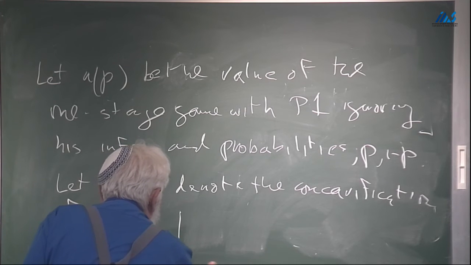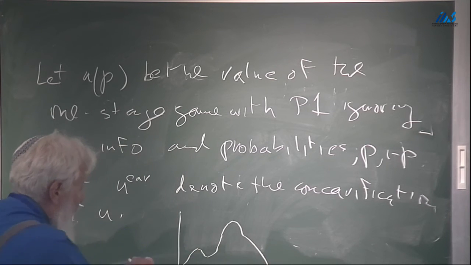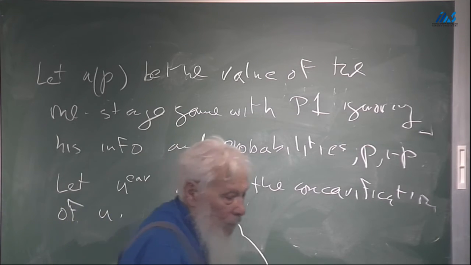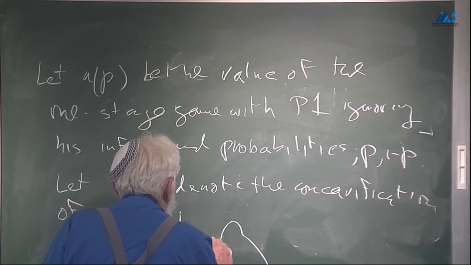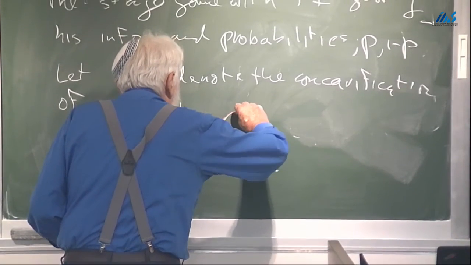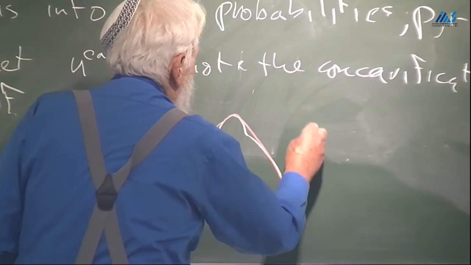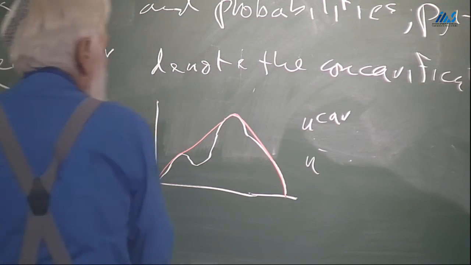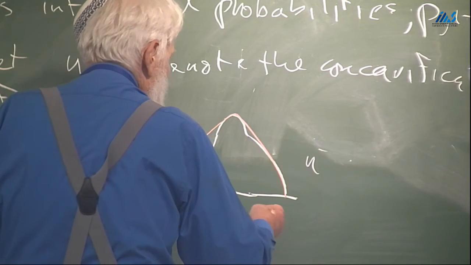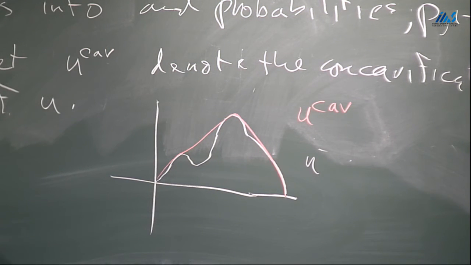So if U looks like this, then the concavification of U looks like this. U cav. The smallest concave function greater than or equal to a given function throughout is called the concavification of that function.